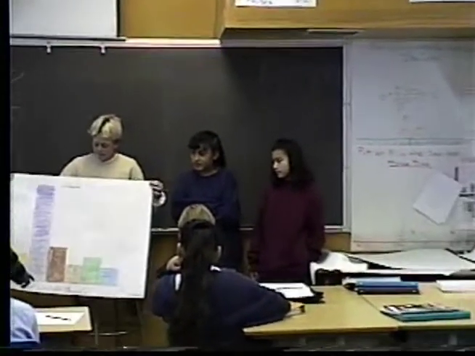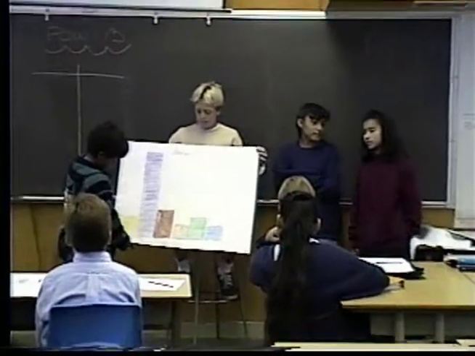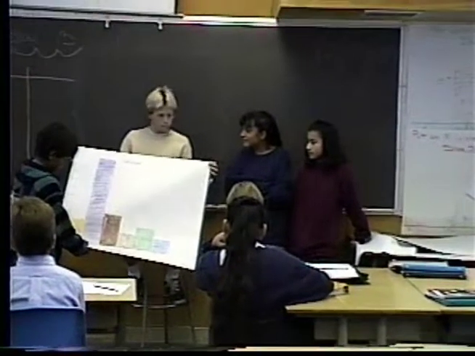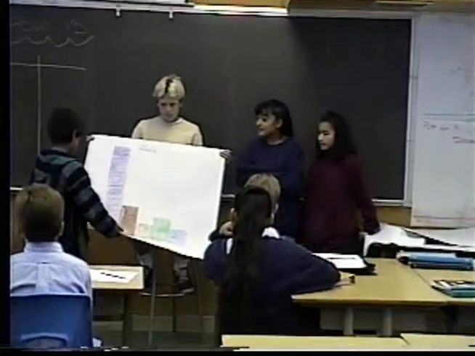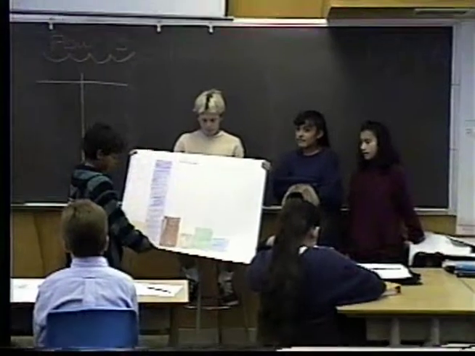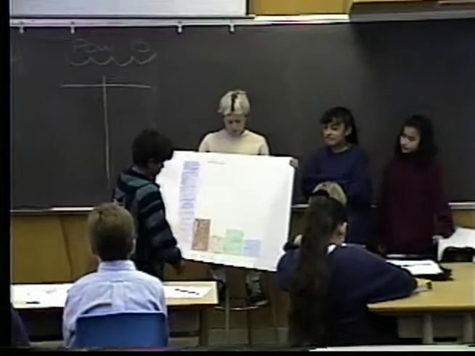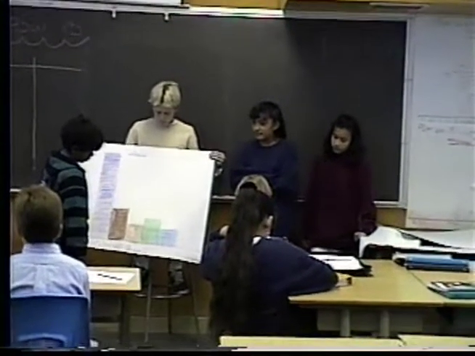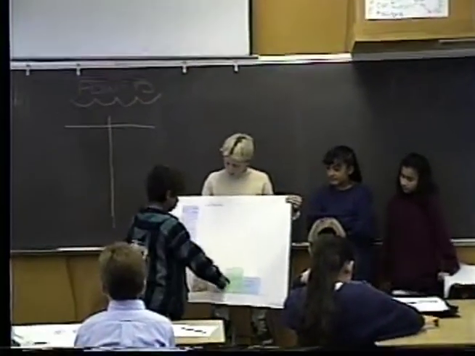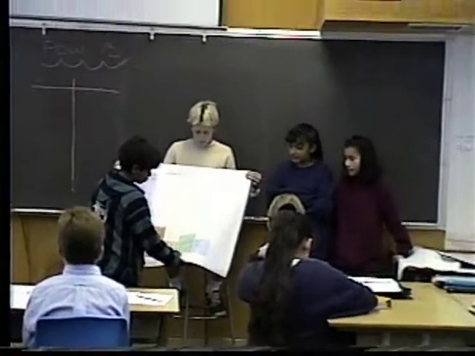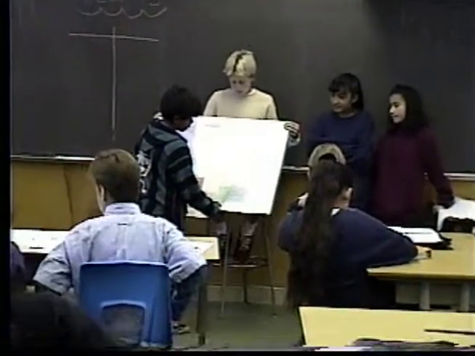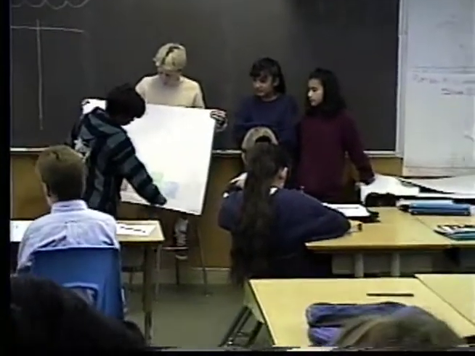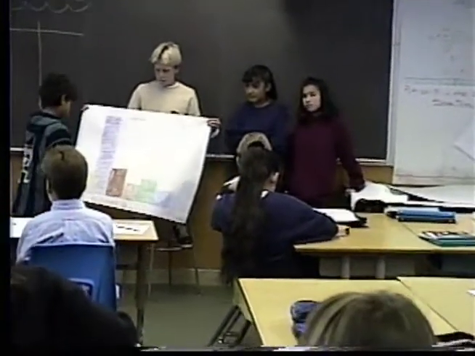This one has 11 people between 100 and 99. And this one has 11 between 100 and 119. This one has 4 between 120 and 139. This one has 2 between 140 and 159. This one has 3 between 160 and 179. And then this one's 2 between 180 and 199.